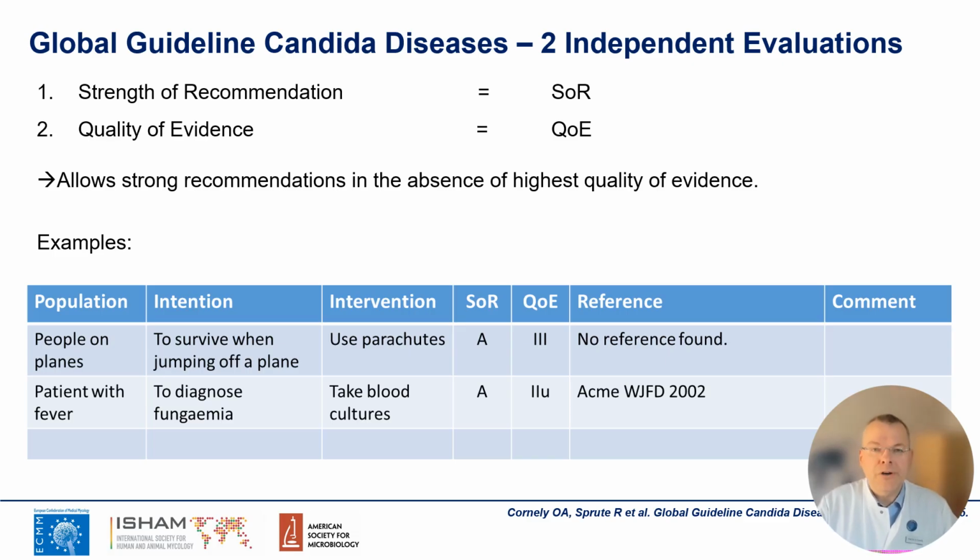Otherwise, we have never-ending discussions, because in many of the areas we cover, there are not several large randomized controlled trials that give a definitive answer. So often we are lacking evidence, and wherever we lack convincing evidence, the strength of recommendation would then be very weak if we don't independently evaluate these 2 as separate variables, so to say.